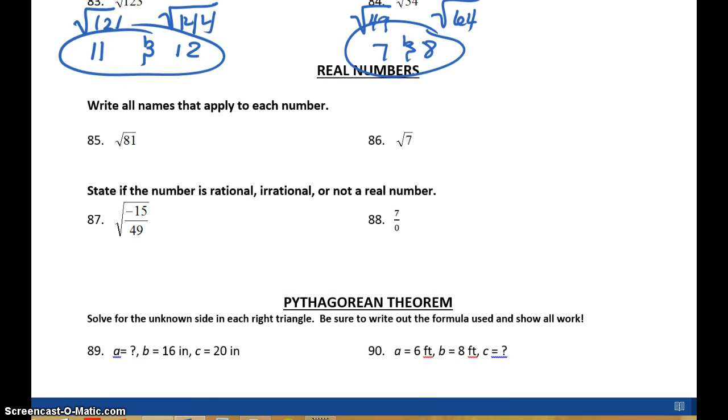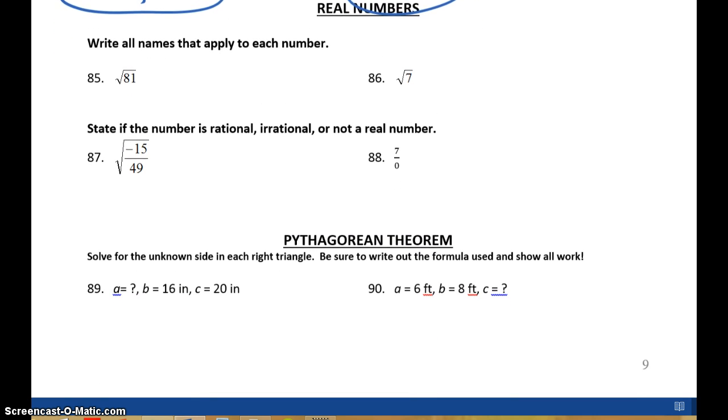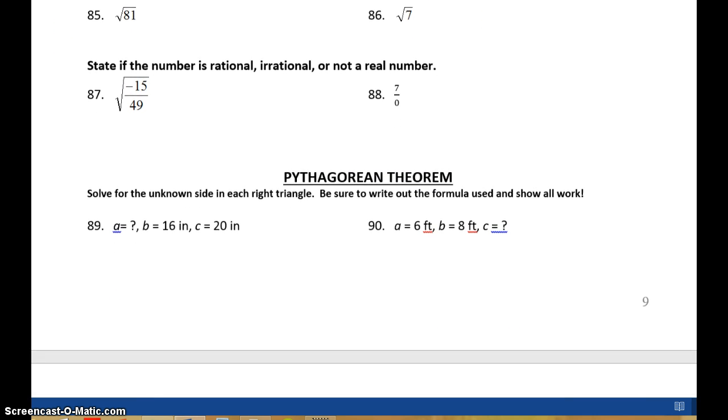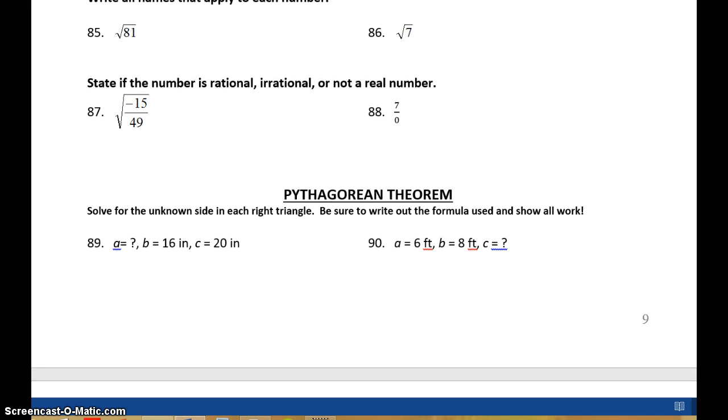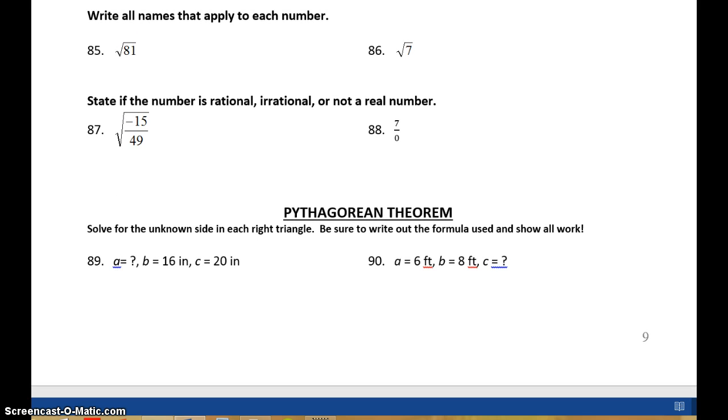Okay, now we're into real numbers. So write all the names that apply to each number. Remember, we made a foldable for this as well. There's real numbers, or there's not real numbers. So as long as everything's a real number, you can either look into rational, irrational. So I'm going to draw a little tree for us.